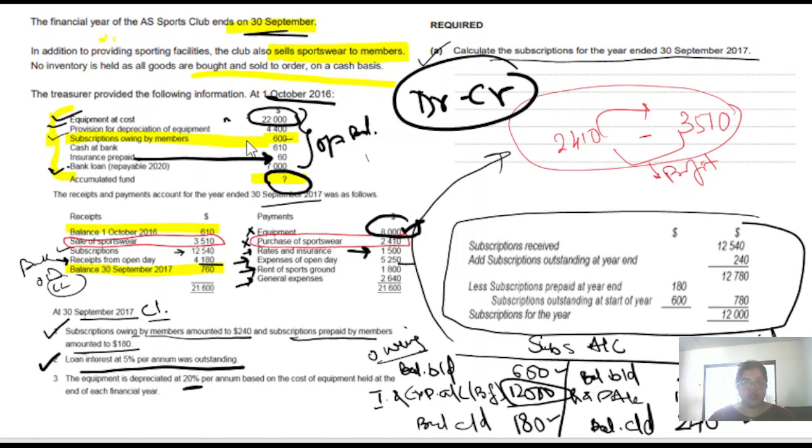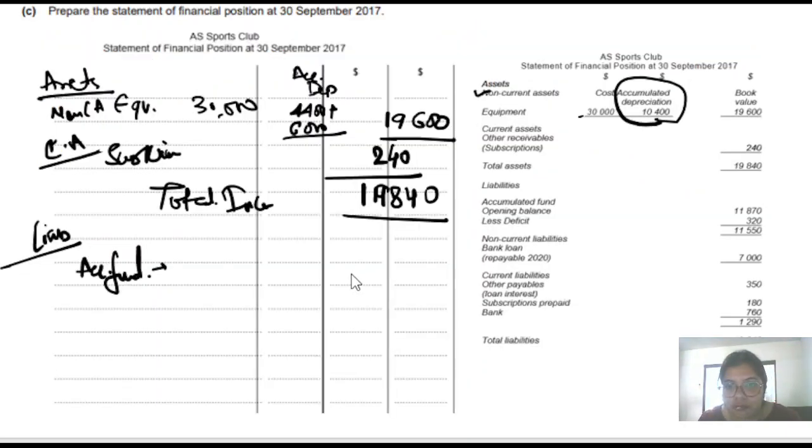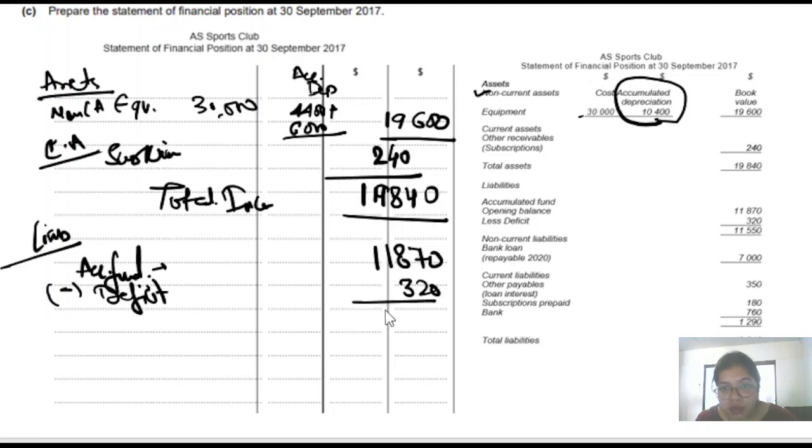When you calculate it, your accumulated fund will be 11,870. Now from this you have to deduct your deficit, which is 320. So your accumulated fund is 11,550.